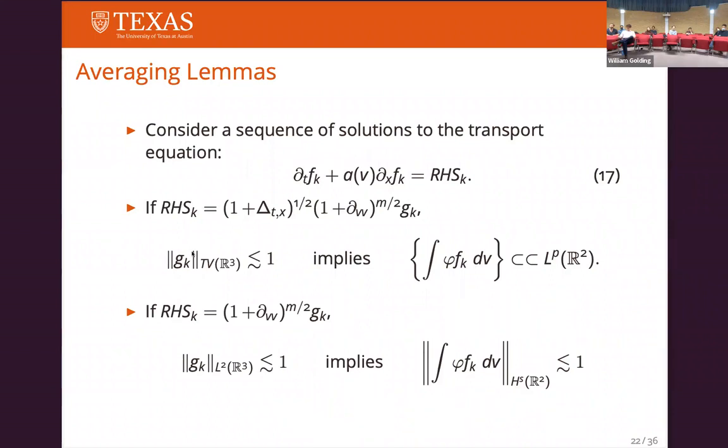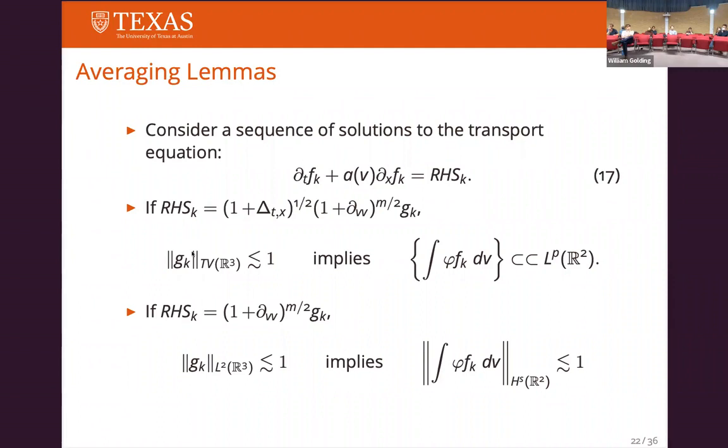I don't actually gain regularity on the average. So the right-hand side, these g_k, can be measures. That's why I put the total variation mark here. If I have bounded total variation, one thing I gain is that the averages are compact in L^p. This is great because the averages are rho, the mass, and the momentum.